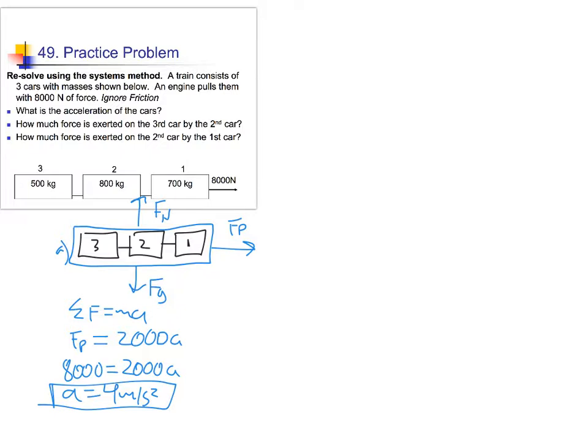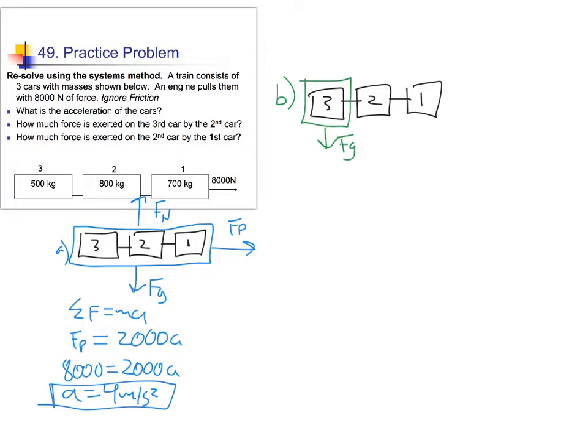For situation B, we want to know how much force is exerted on the 3rd car by the 2nd car. So once again, I'm going to think about all 3 of my cars. However, I'm going to select a slightly different system, and this maybe is a lack of system, but the system I'm going to select for this one is just the 3rd car. So the forces acting on the 3rd car: I have gravity and my normal, and then I have the force of 2 on 3, which is what we're looking for.